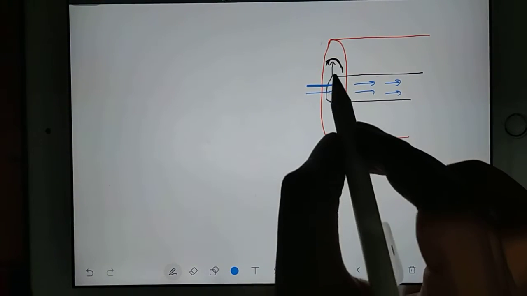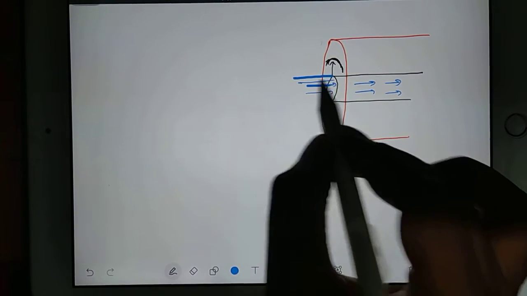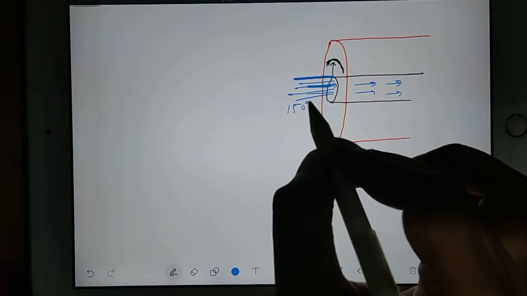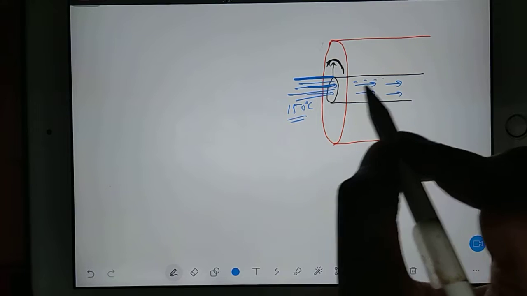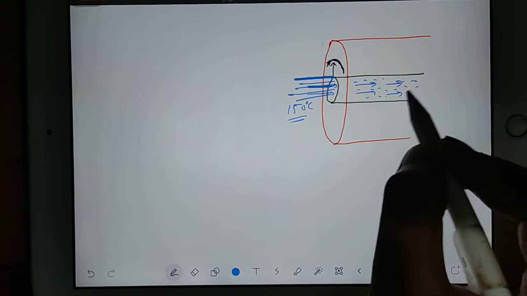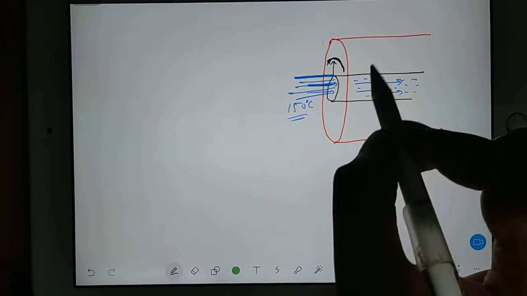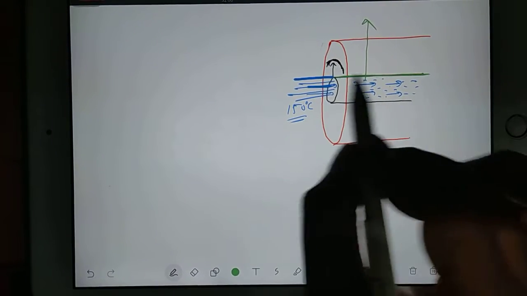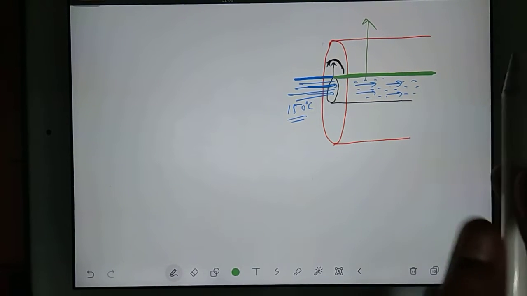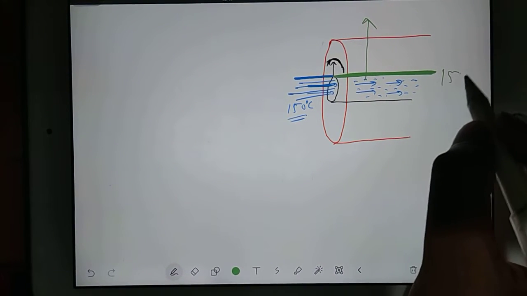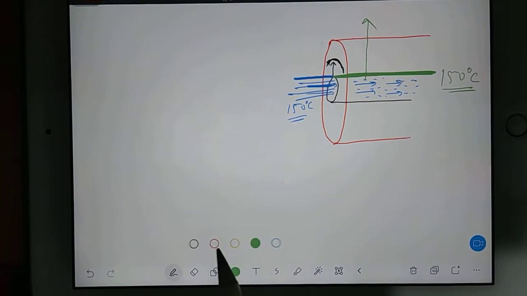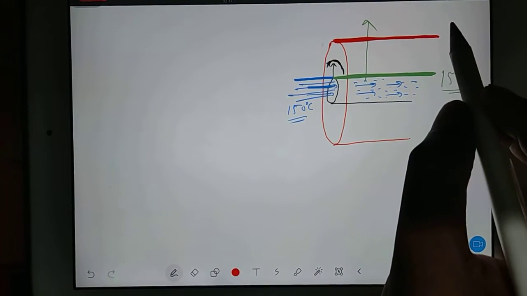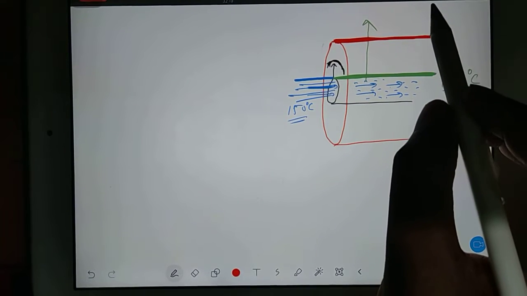Why is it so? Because at the entrance you have a temperature of 150 degrees Celsius, and everywhere in the fluid you have 150 degrees Celsius, but heat is flowing outward. At this surface the fluid is in touch, so the temperature is 150 degrees Celsius, and at the outer surface the atmosphere is in touch, at 40 degrees Celsius.